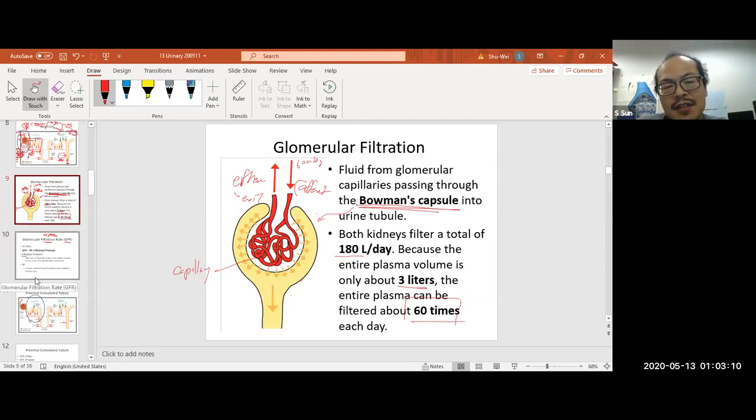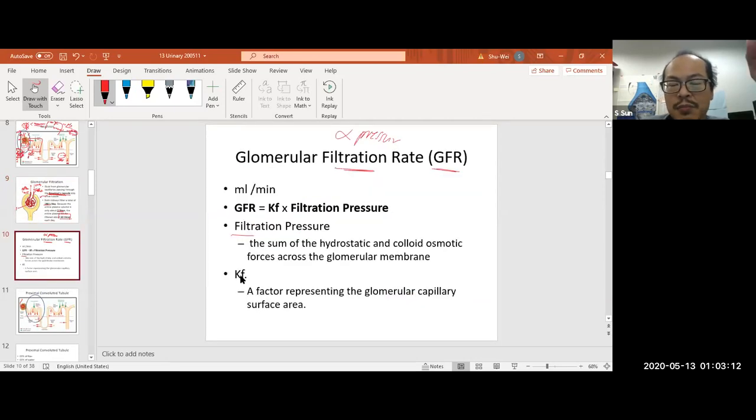The next one is how much gets filtered by the strainer, so this is the constant factor here. If the strainer is very wide, everything is filtered through. If it's small, then even though the pressure is high, the amount filtered through is small. And this KF also defines what can be filtered through.